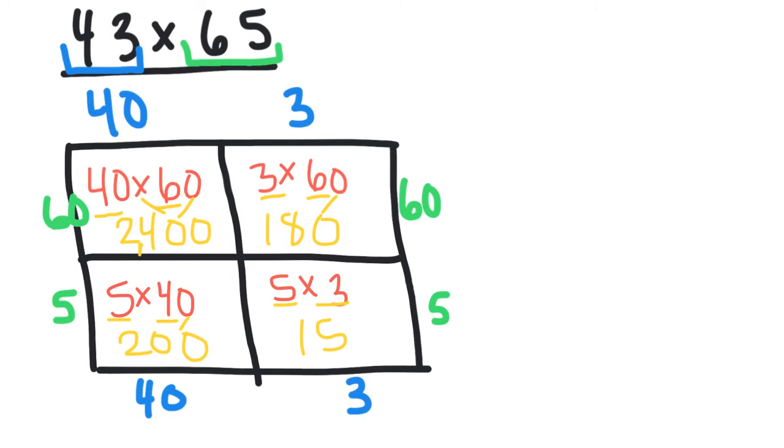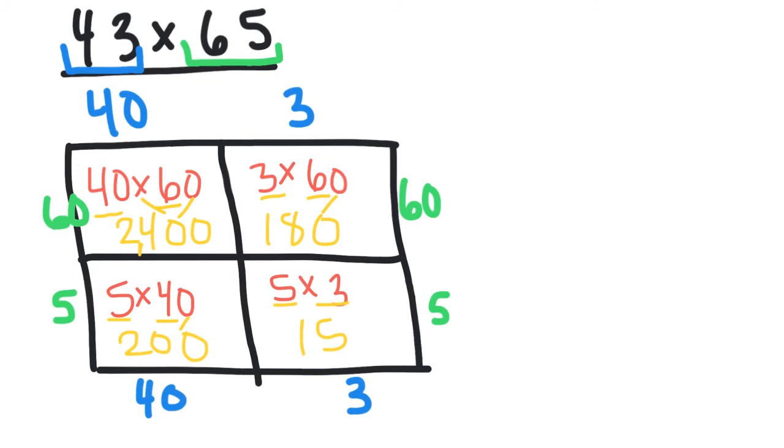Now that I've found each area of the box, I need to add all those areas together to get the whole area. The whole area will be the answer to my original problem, which was 43 times 65. I broke this up into partial areas to make the multiplication easier. So now I'm going to come over onto the right side here, and I'm going to add my numbers together.